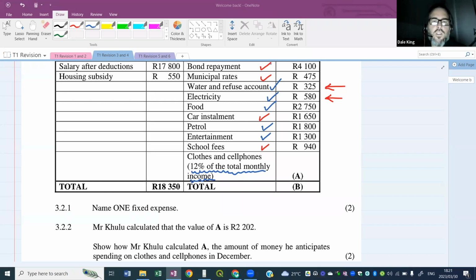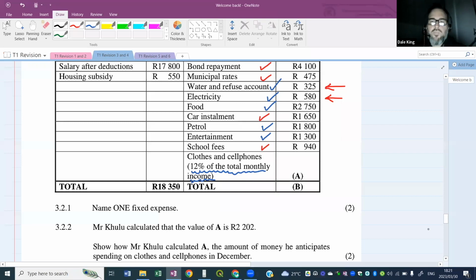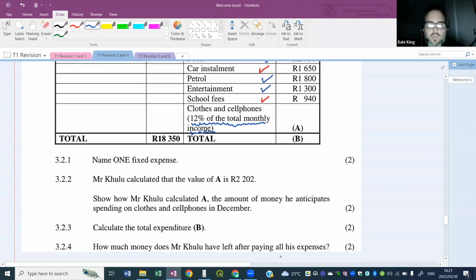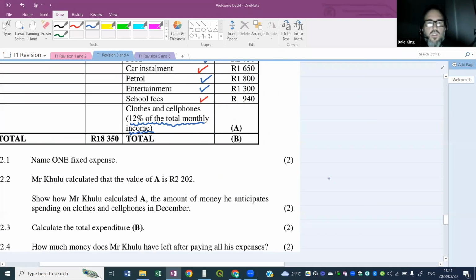Let's see how we do it. Theoretically, I'll do the calculation on the side here. We need 12% of the total monthly income. The total monthly income is all the income, so it's this value, 18,350.